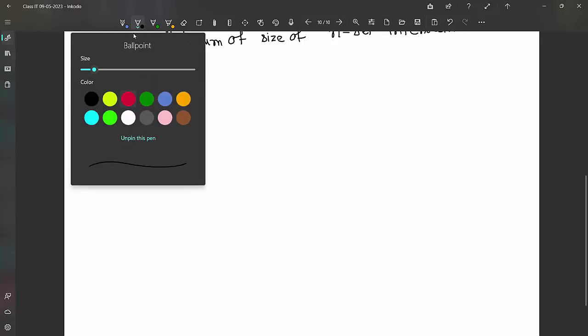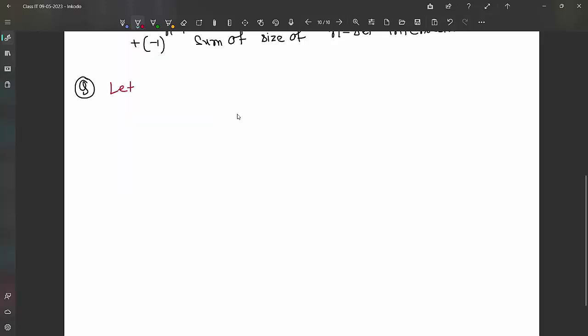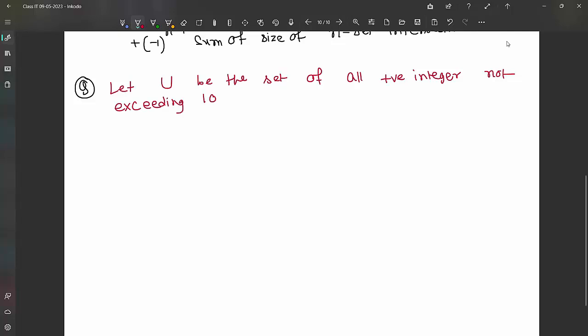So this is the question: let U be the set of all positive integers not exceeding 1000.